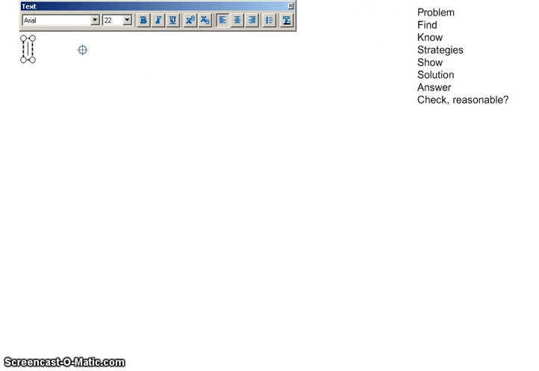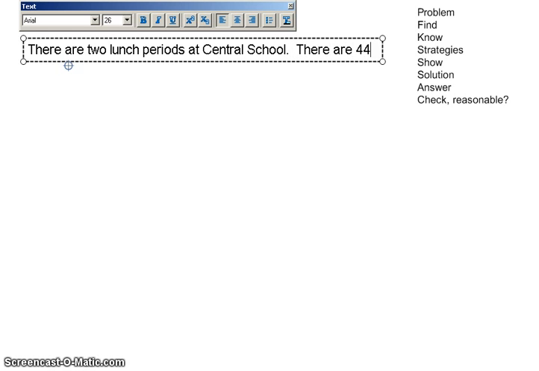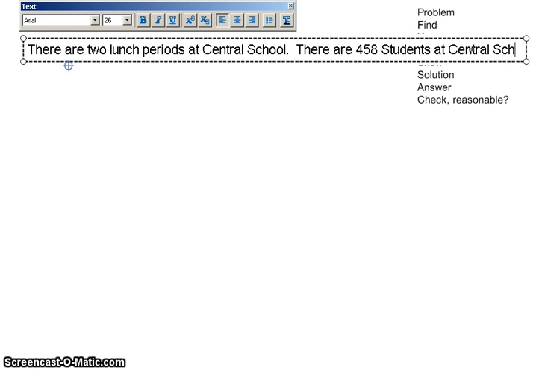Our problem says, let's make it nice and big so we can see it. There are 2 lunch periods at Central School. There are 458 students at Central School.